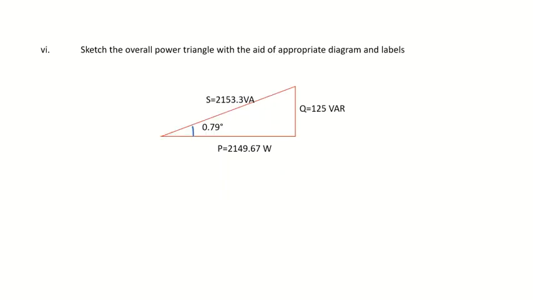So finally, to sketch the overall power triangle, with the aid of an appropriate diagram and labels. On the x-axis is your P value, and your Q value is 125. Because you get the minus, it is actually in the opposite direction. Your S is 2153.3.